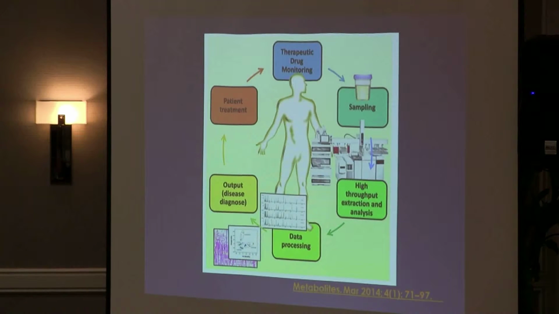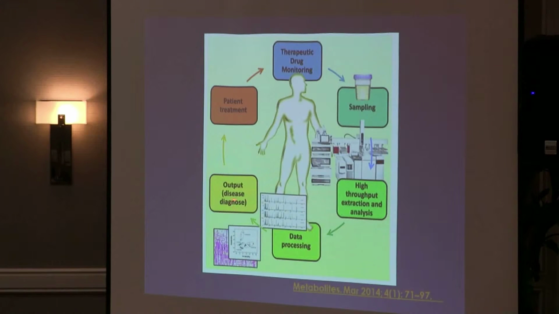This diagram shows the ideal workflow that we are trying to follow. First, we do the sampling from the patient, and it can be from cultures or from different stages of disease samples. We use high-throughput extraction and analysis, and we do the data processing using bioinformatics as well as more comprehensive data integration approaches.